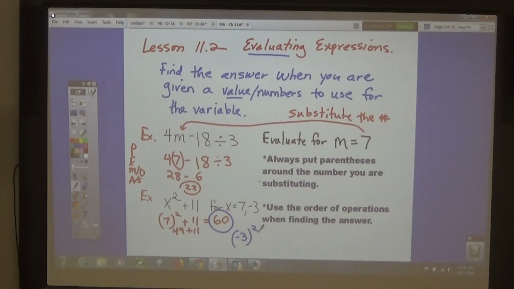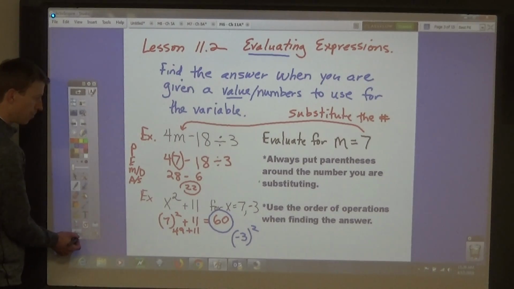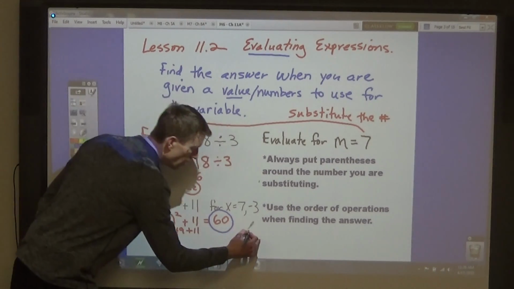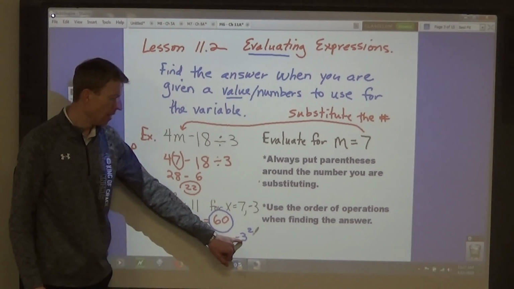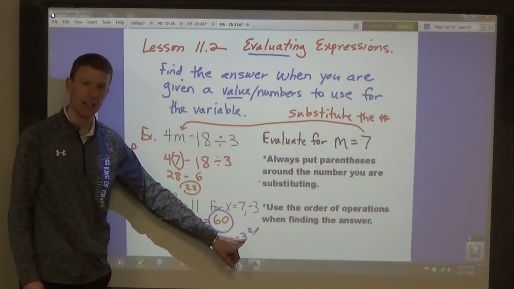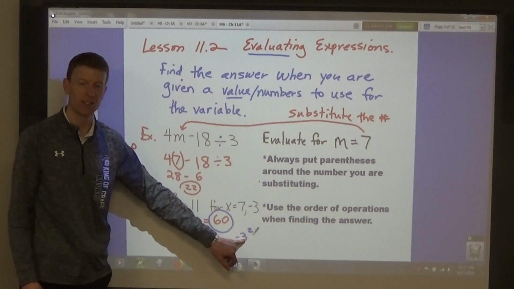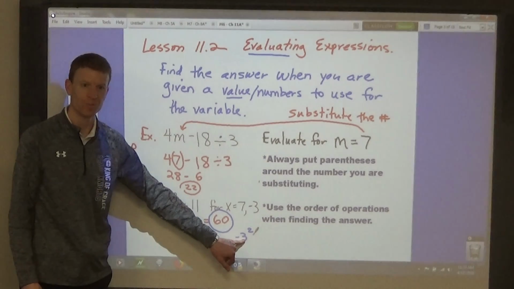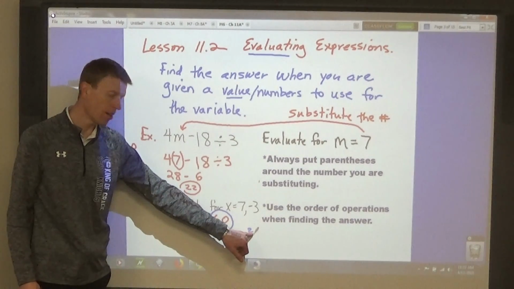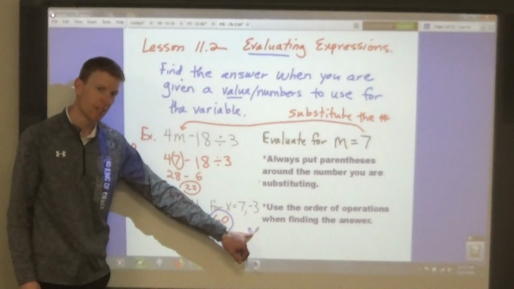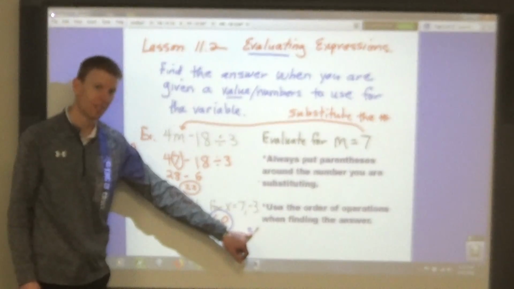This is an example of why parentheses are important, because if you don't put parentheses around it, then this is a completely different problem. If you don't have parentheses, is the negative sign part of the base of the exponent?